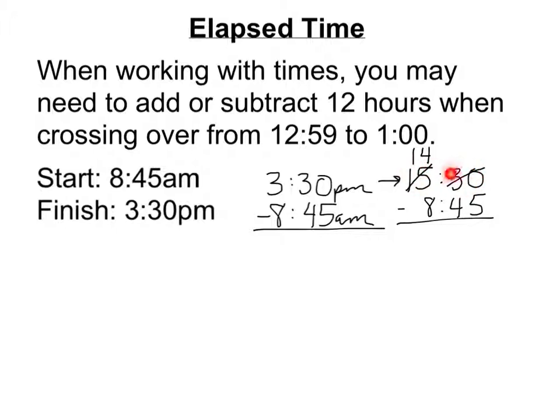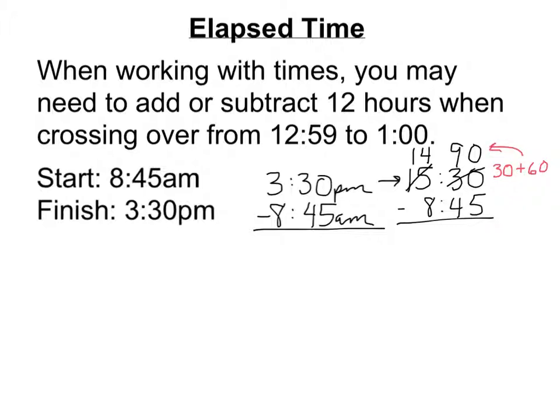So we already had 30 minutes. Now we've got 60 more. So it goes up to 90. In case you missed that, the 90 came from the 30 minutes we already had, plus the 1 hour, which is 60 minutes, that we just borrowed. And that's where the 90 came from.